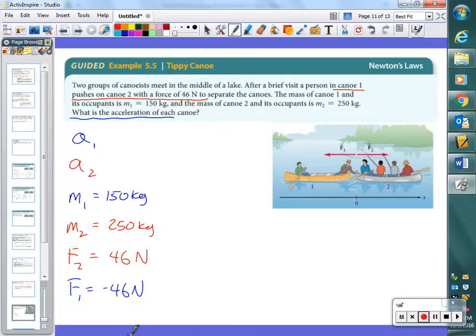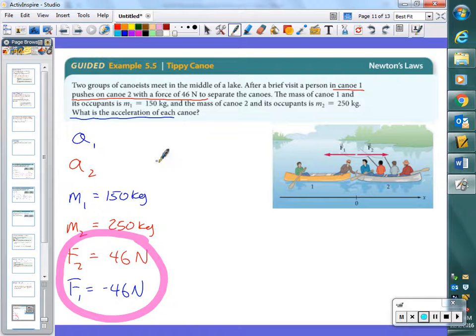So now, we've used Newton's third law to show that the forces on each object are equal but opposite. But now we can use Newton's second law to calculate the acceleration of each canoe individually. Okay?